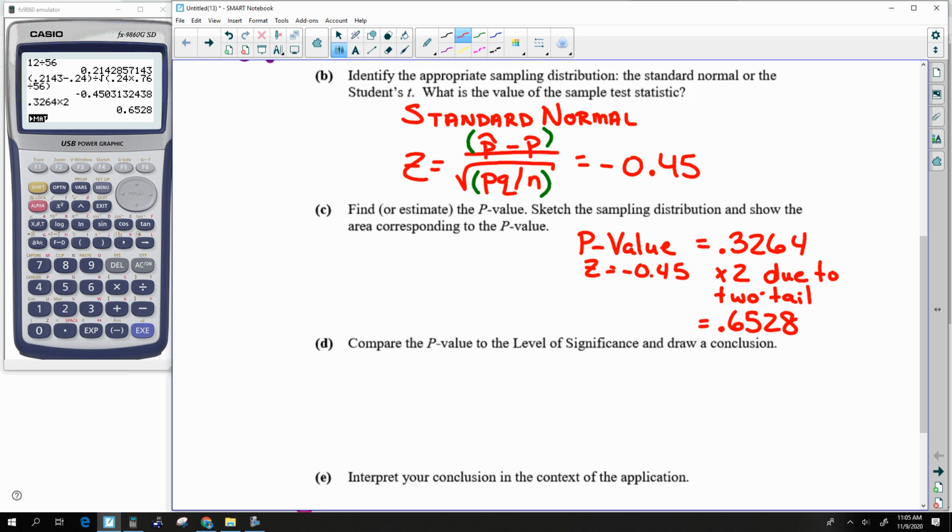So here is our picture. This is a two-tail, so the rejection zones are technically on both sides. They have a level of alpha, which in this case is 5%.